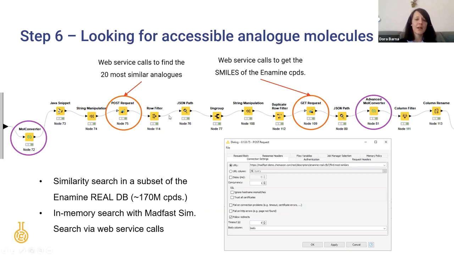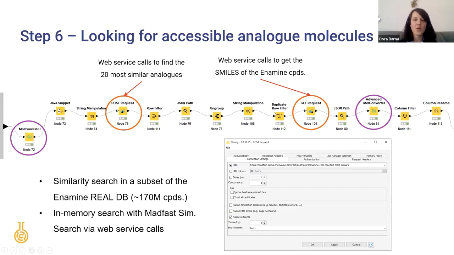And after that, we will have to do some generic data manipulation, for example, to extract these 20 most similar analogs from the JSON output of these web service calls.